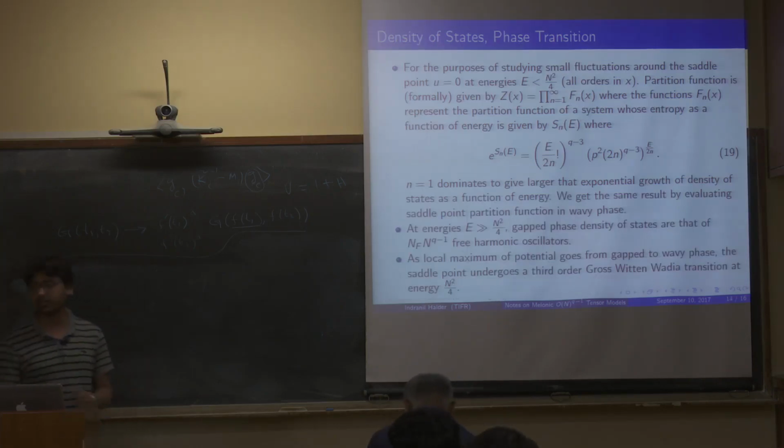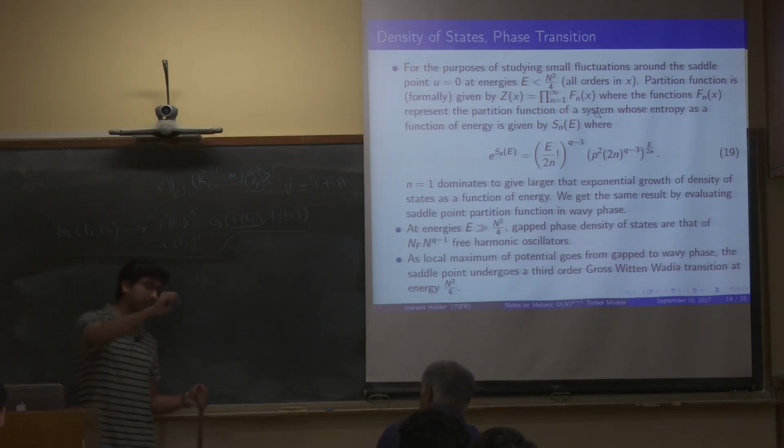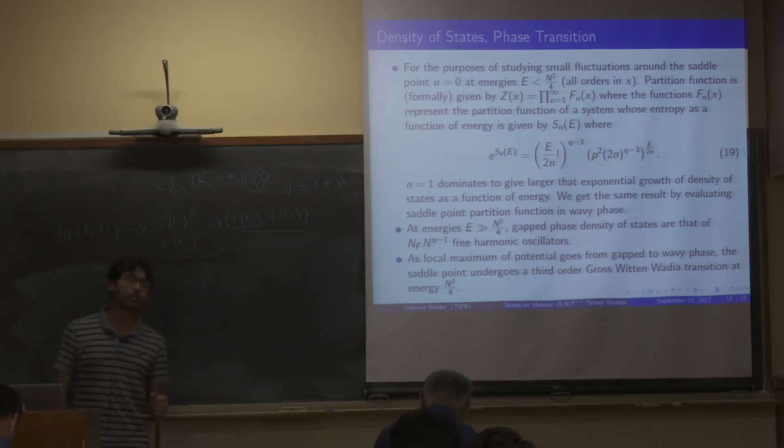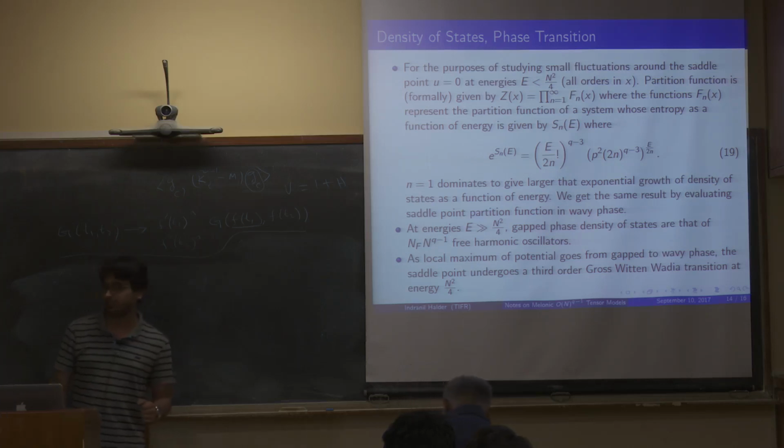Yes, so now we are going to do the one loop analysis around the saddle point, in which case we did not restrict to the fact that we are taking only the linear term in x. There was this higher power of x, so for this analysis we keep all the powers of x as well, just because we can. For this trivial saddle point, you can solve the fluctuations more generally.